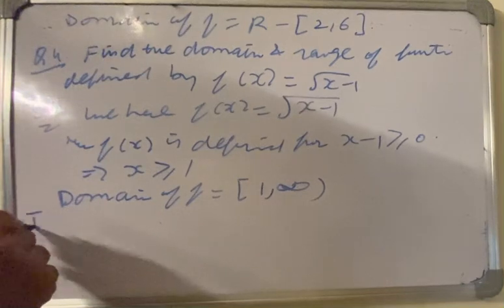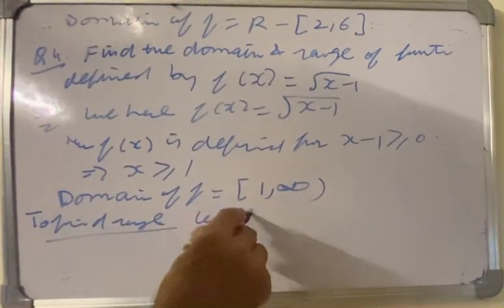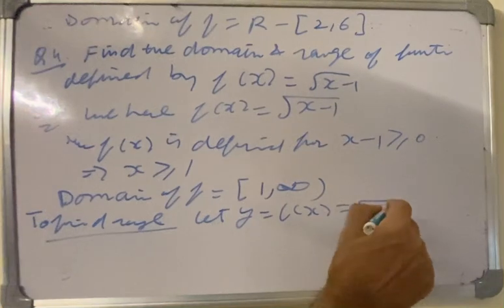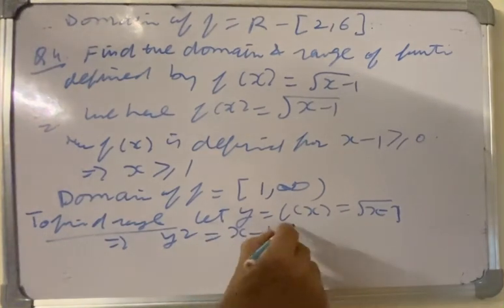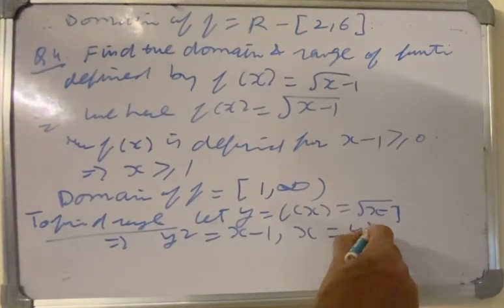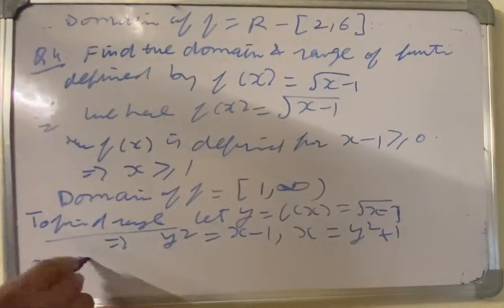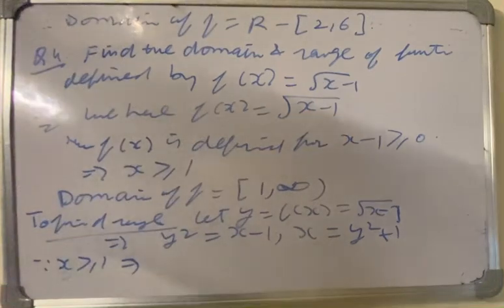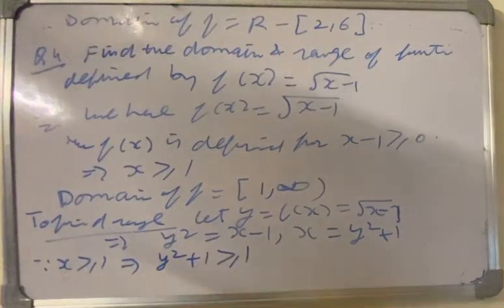Now to find the range, let y is equal to f(x) is equal to square root of (x minus 1). Squaring both sides, y squared is equal to x minus 1, x is equal to y squared plus 1. Now since x is greater than or equal to 1, y squared plus 1 is greater than or equal to 1.